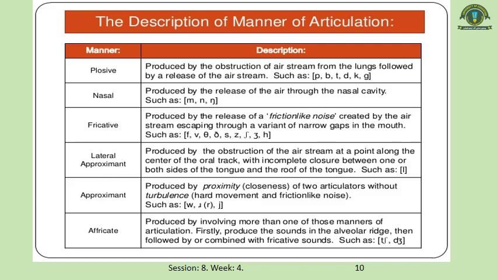That's why we gave maximum time to voicing. There are certain voiced sounds and certain voiceless sounds. 15 consonants are voiced and 9 consonants are voiceless, whereas all English vowels are voiced sounds.